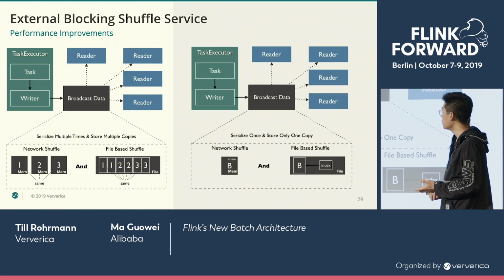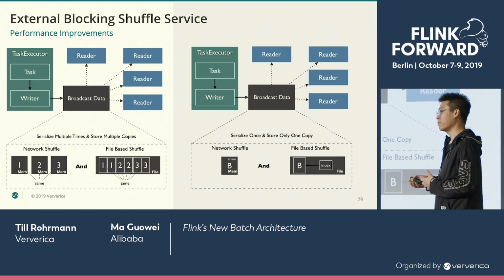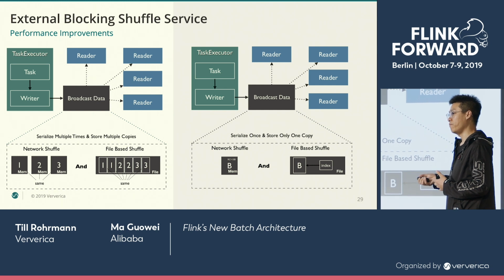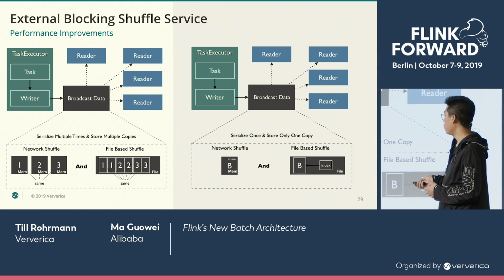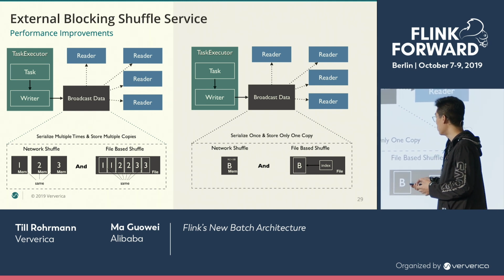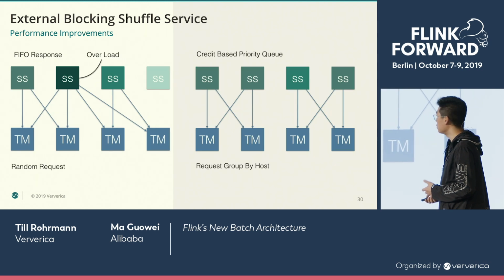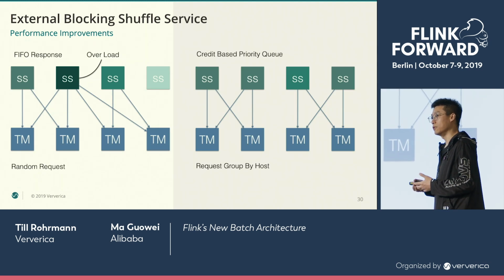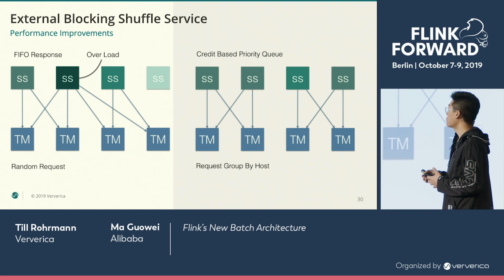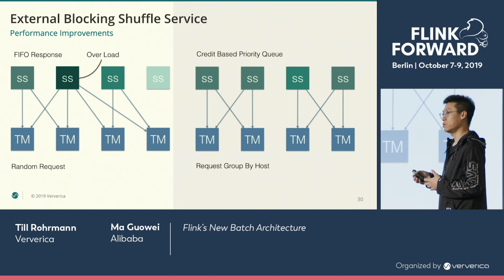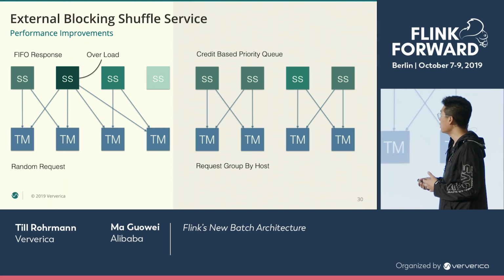We also do a special optimization for the broadcast partition. We only serialize once and store one copy of the record. The above describes the optimization of the external shuffle service in terms of the writing part.